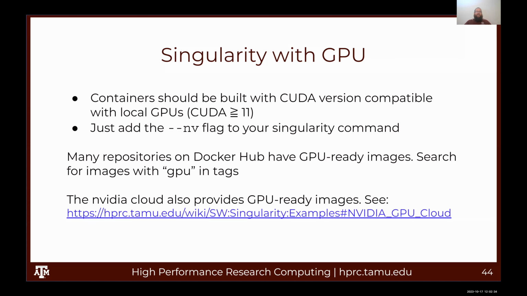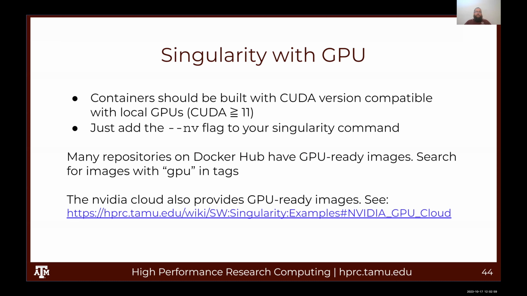Now, building container images is generally the responsibility of experts. And who is the expert in building NVIDIA container images? Well, that would be NVIDIA, of course. So we are going to be looking at NVIDIA Cloud as a source of GPU-ready images. And I'll show you what that looks like on the next slide, I think.